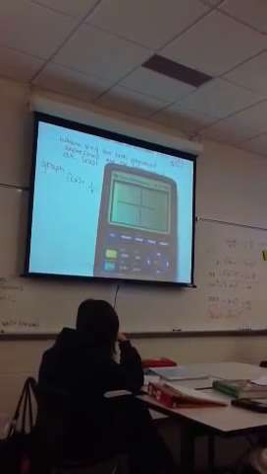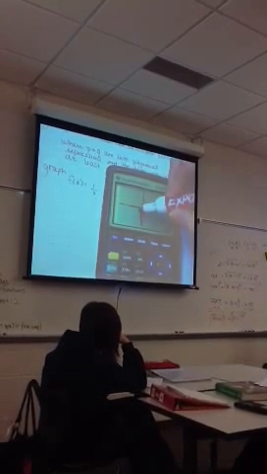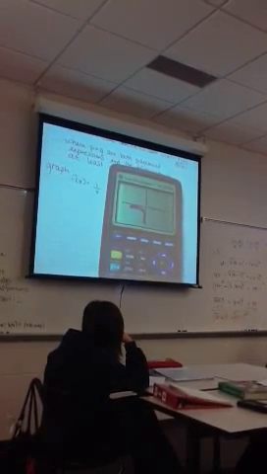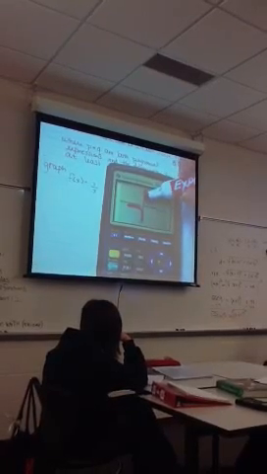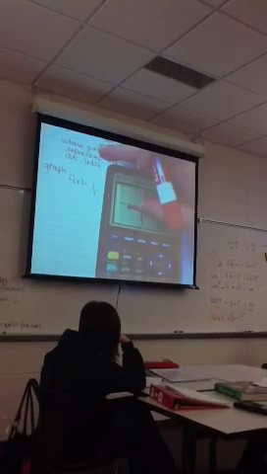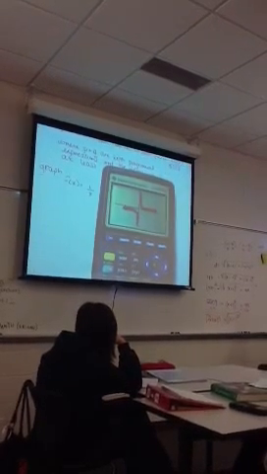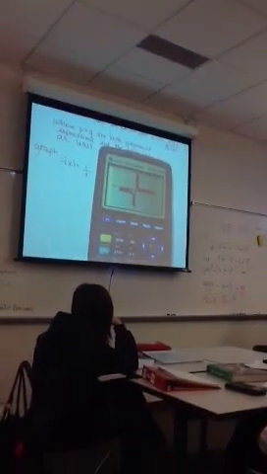If you see your function, it looks like it goes down this way, and then it comes up that way, and it comes down here, and it goes over here, but it never actually crosses or touches the x or the y axis. Can you see that on your graphs?